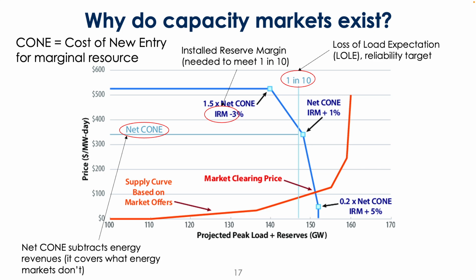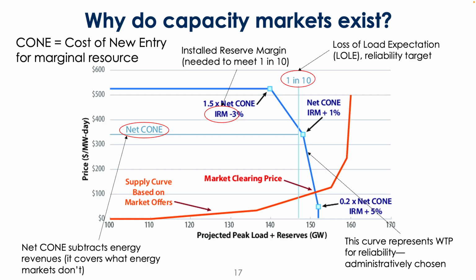this particular reliability event. So the demand curve that gets constructed, if you think about it, they're saying, okay, 1.5 times net CONE. So I put a lot of value into having some amount of capacity to deal with things that are often happening, and all the way up to things that are less likely to happen. As they get less likely to happen, I'm going to put less value into what I actually want in the capacity.